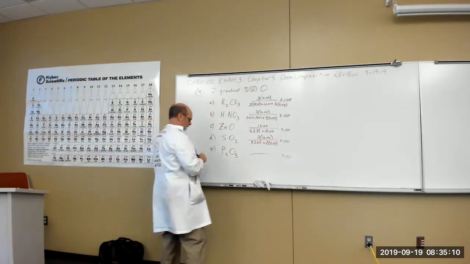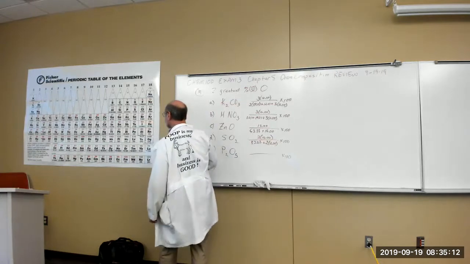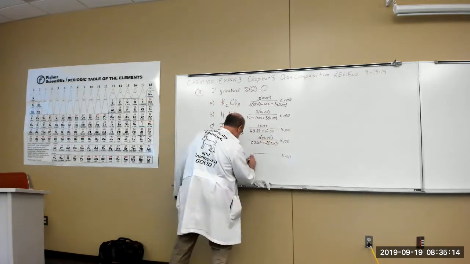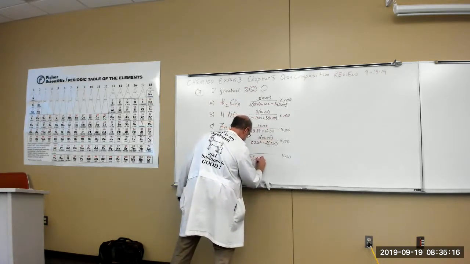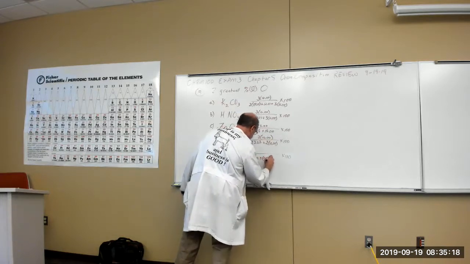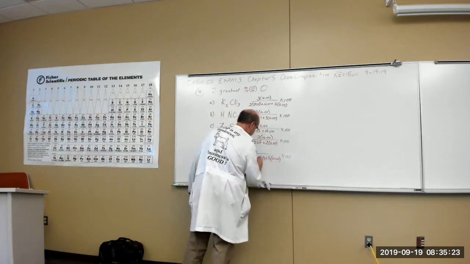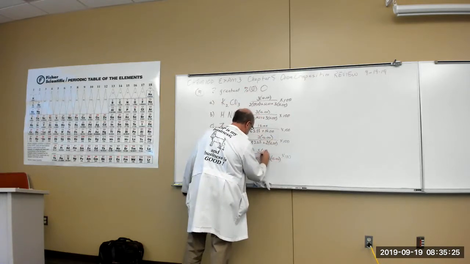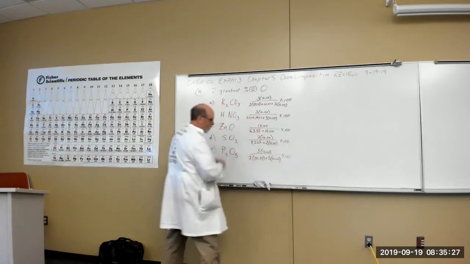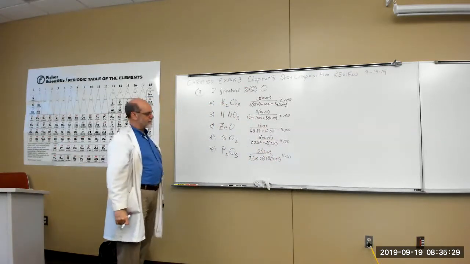Okay. And the last one, phosphorus, 30.97. 2 of them. And then 5 oxygens. And the oxygens go on top as well. All 5 of them.